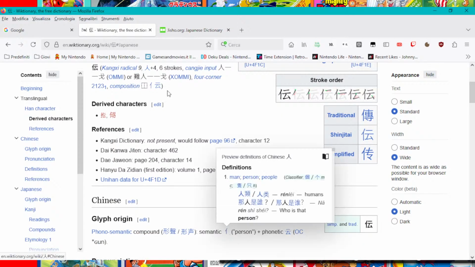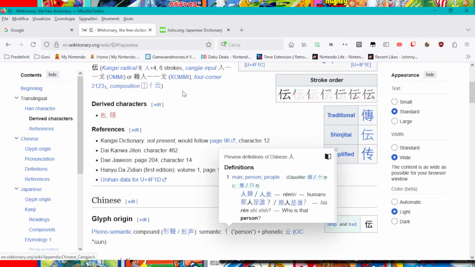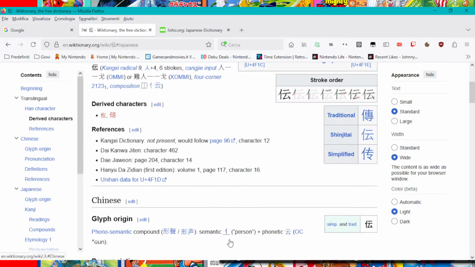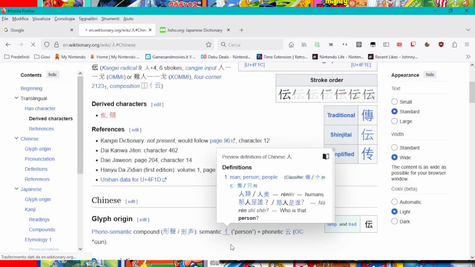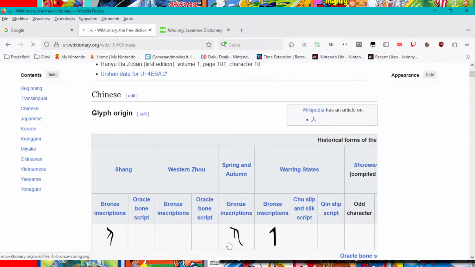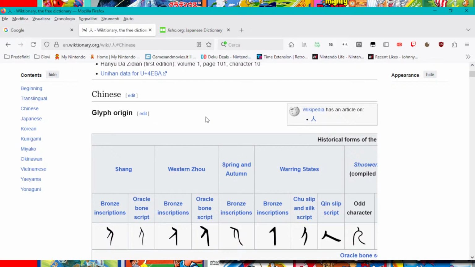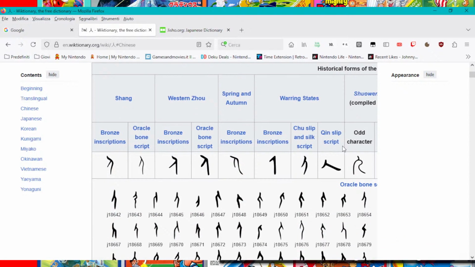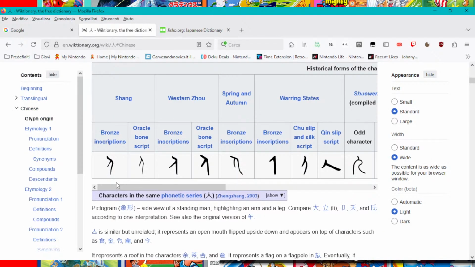And it's, let's see where, yeah, you have to click here. It's the kanji for person, as you can see here with how it used to be written when kanji were invented, and so quite in the past.